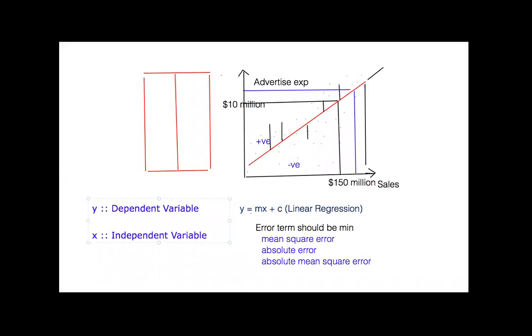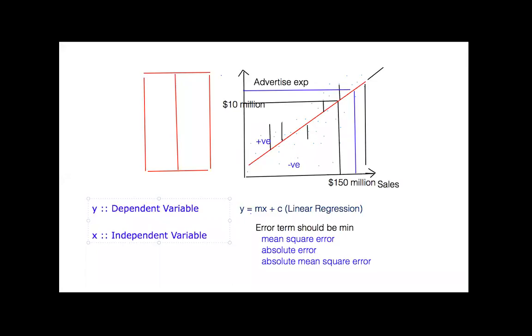Now how will you decide, if you are given a new data set and you need to implement linear or logistic regression? The entire concept will remain the same in linear and logistic. So how will you decide?